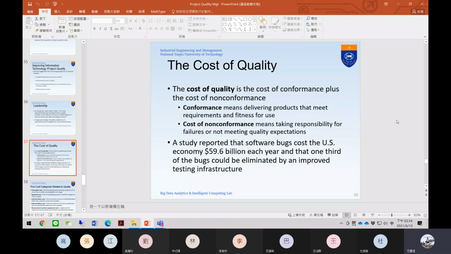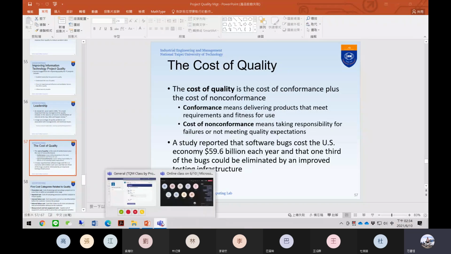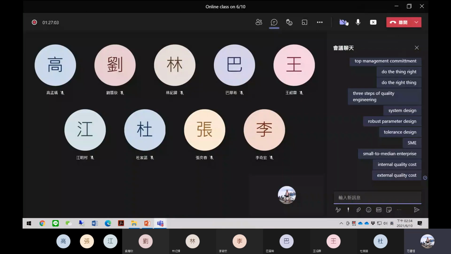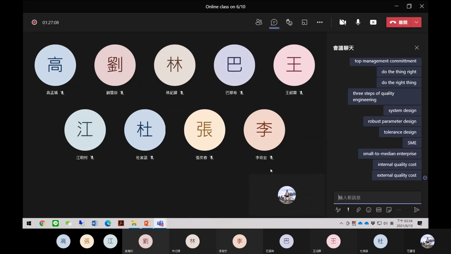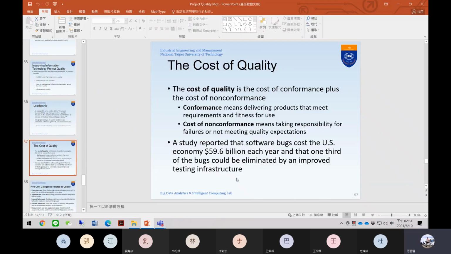So there are several types of the cost of quality. The cost of quality is the cost of conformance plus the cost of non-conformance.